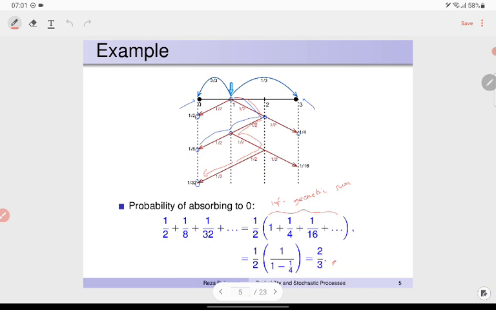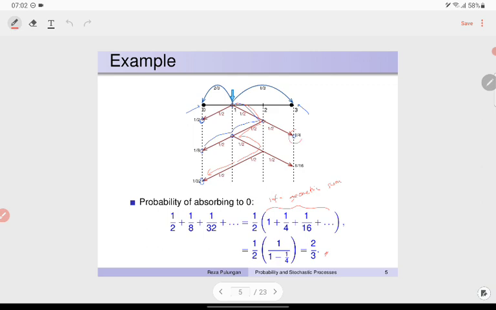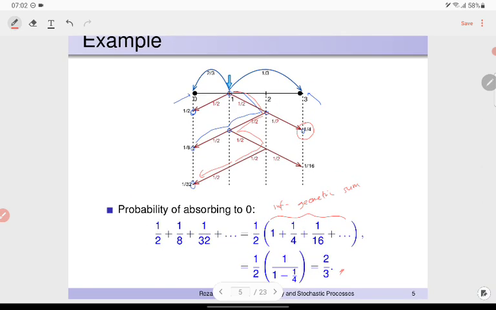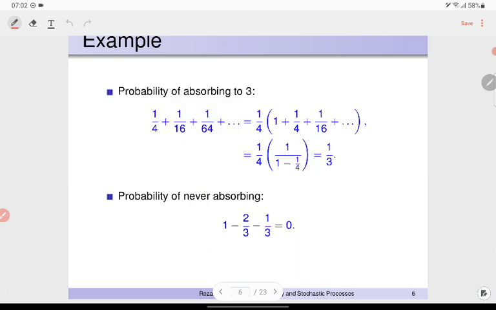And this happens with probability 1/4, namely taking 1 to 2 and 2 to 3, or with probability 1/16, namely 1 to 2, 2 to 1, 1 to 2 again, and then 2 to 3, and so forth. And we can also see similar patterns arising.